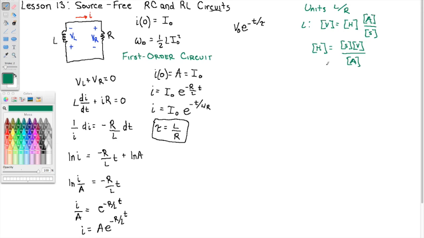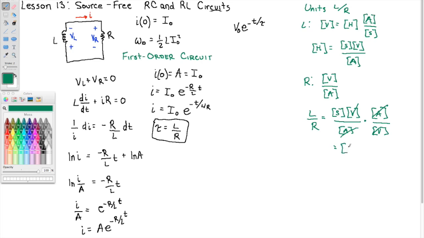All right. Then resistor, you know, of course, this is V over amps. So when I take L over R, the units there, seconds, volts over amps, divided by volts over amps, or multiplied by the reciprocal, amps over volts, amps cancel, volts cancel, and again, wonderfully, I get seconds time.